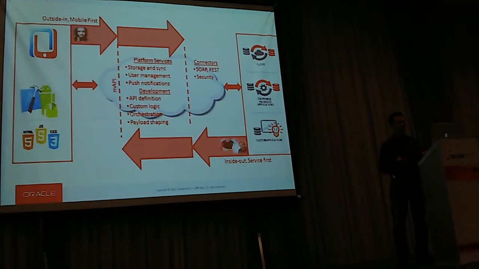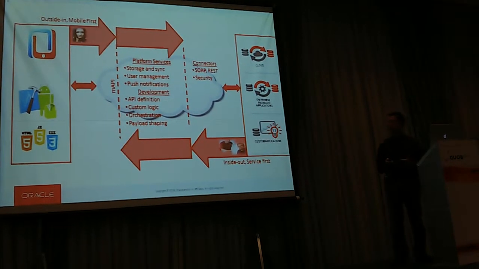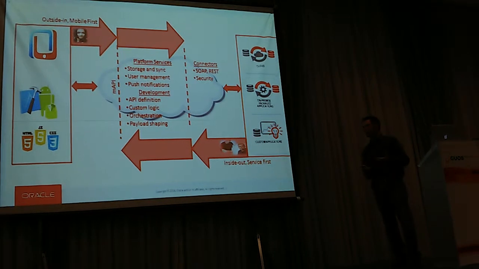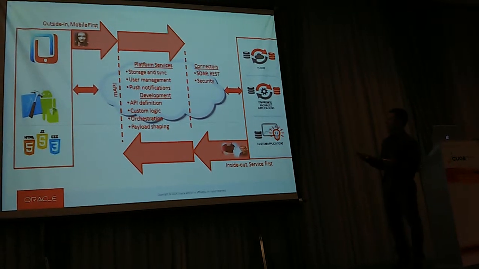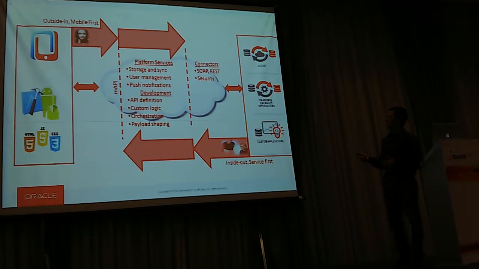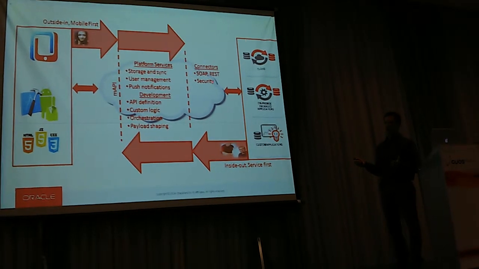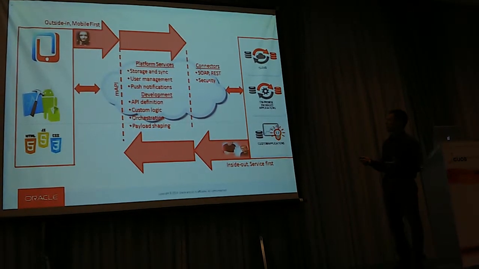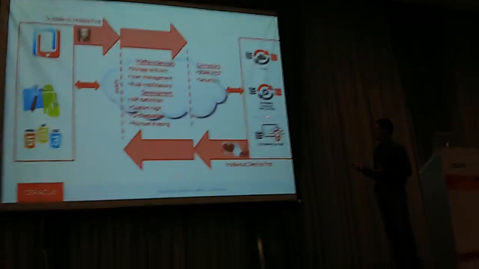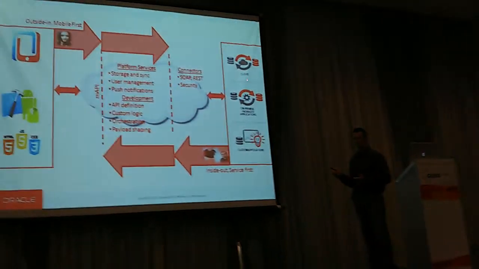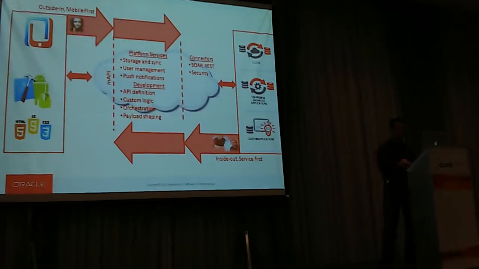So you have your platform services for storage and synchronization, user management, push notifications, and your connections, whether they're SOAP connections or REST services, and security, your on-premise package applications, custom applications, or other cloud services.